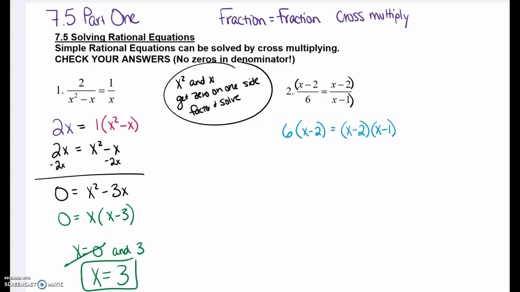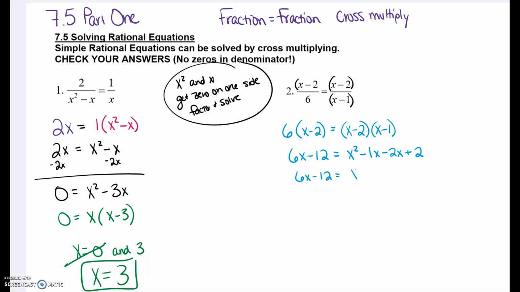Okay, oops, sorry. We need to distribute, double distribute, simplify, whatever. So here we've got 6x minus 12, and we need to double distribute x squared minus 1x minus 2x plus 2.